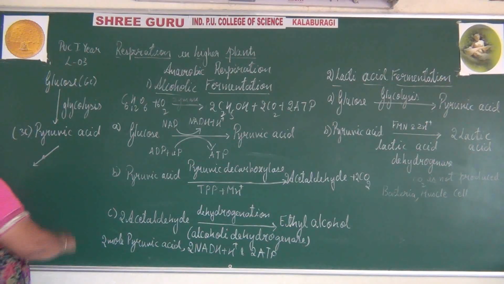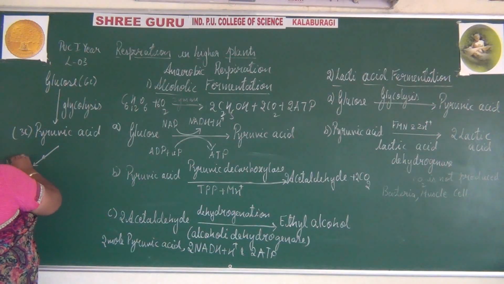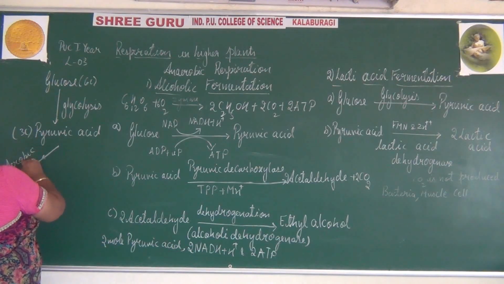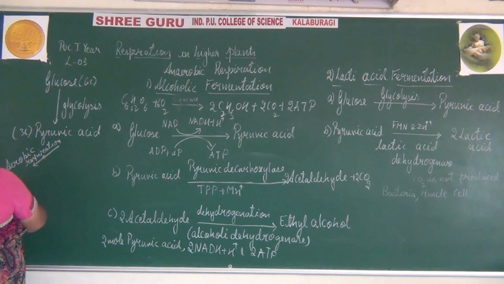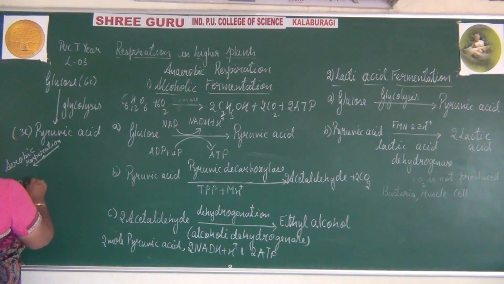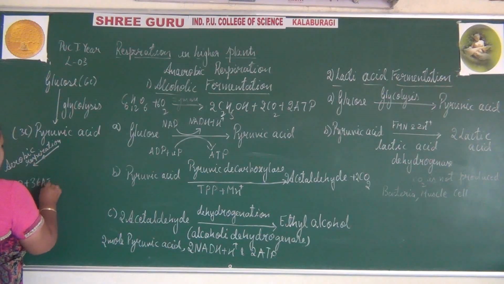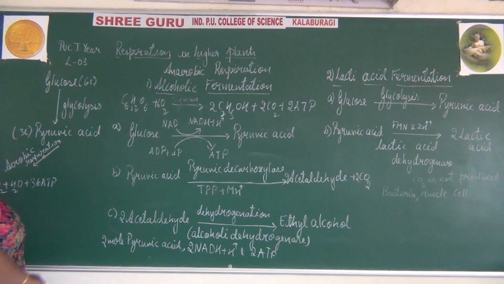So if pyruvic acid enters into aerobic respiration, it forms carbon dioxide and water with the release of 36 ATP molecules.